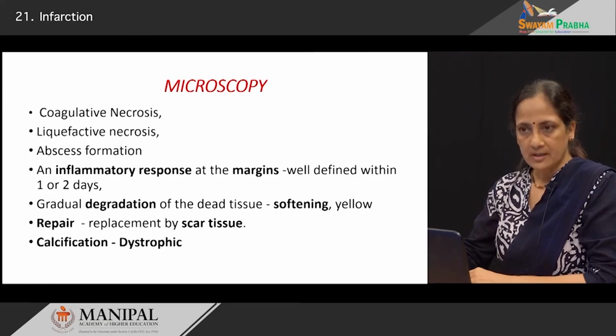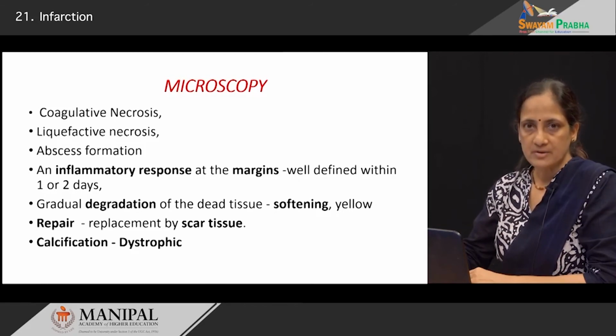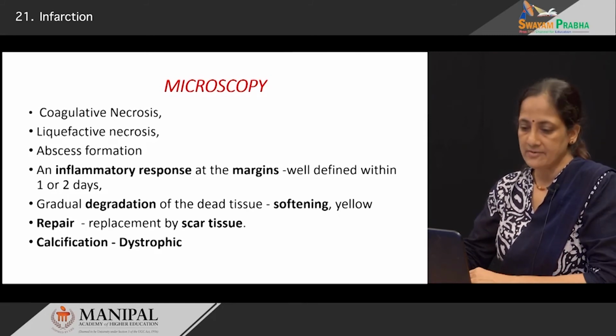In case of septic infarcts, because of the suppuration in the center of the ischemic area, abscess formation results and pus will be seen. The wedge shape may be replaced by an irregular shaggy cavity filled with pus. At the margins, after 1 to 2 days of infarction, an inflammatory response develops, resulting in a hyperemic border.